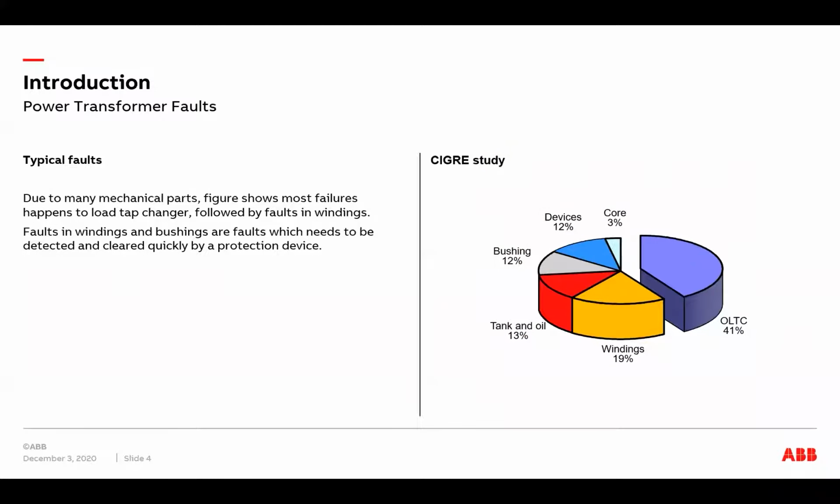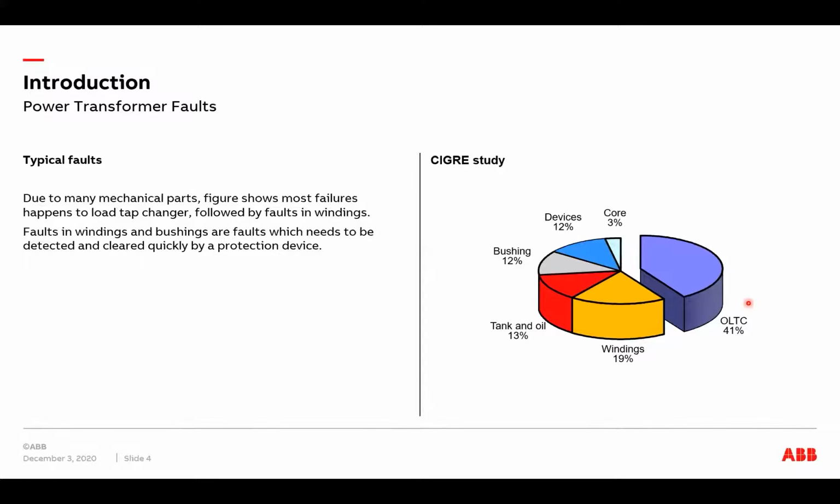So let's then have a look at where in the transformer we can expect to have faults. Like you can see in this picture, most of the faults will occur in the on-load tap changer. This is due to the fact that the on-load tap changer has many mechanical parts.